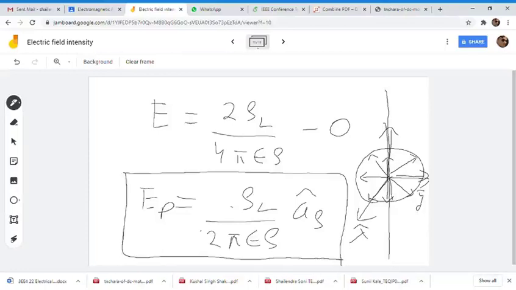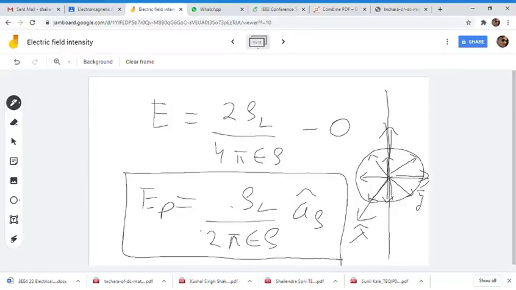So this circle lies on the xy plane, and the electric fields will be radially outward from this line charge. So this is our electric field intensity due to the line charge.